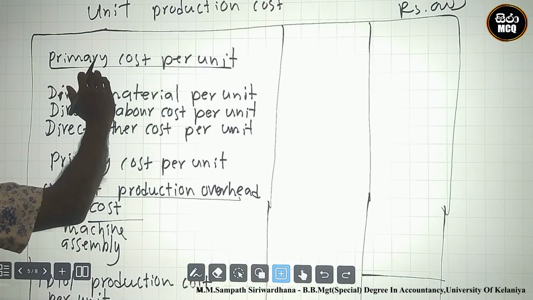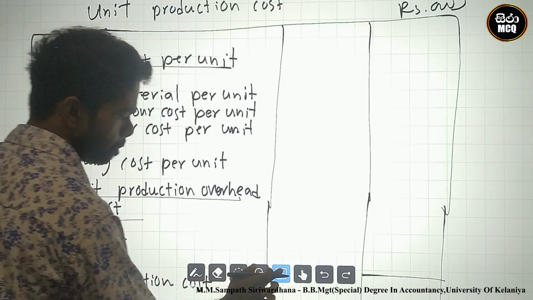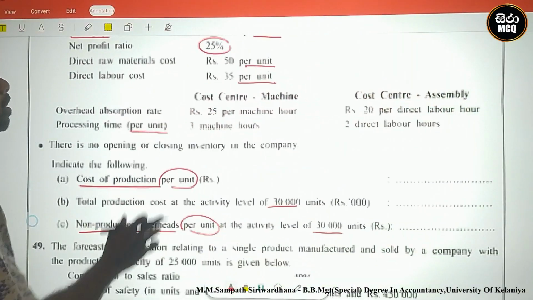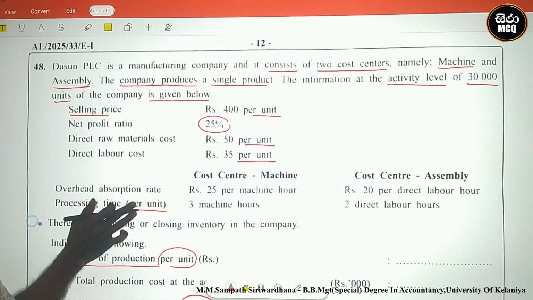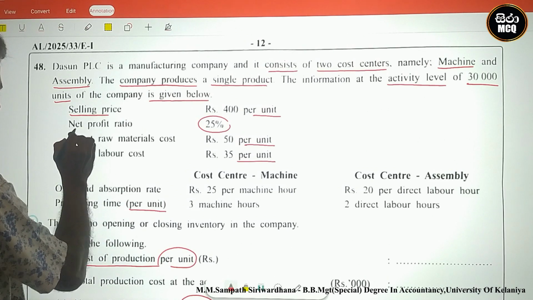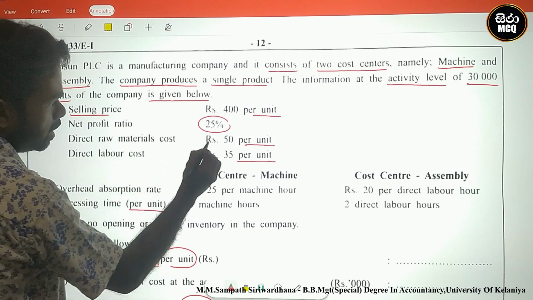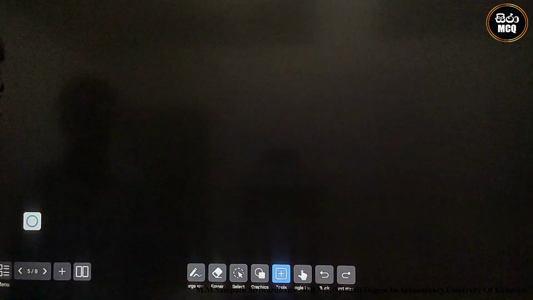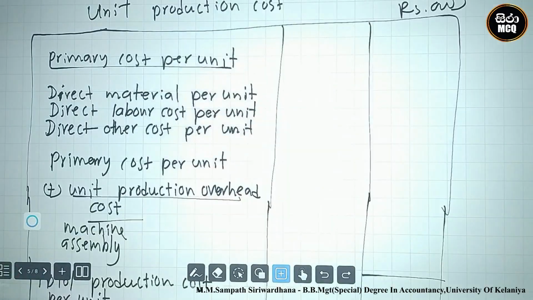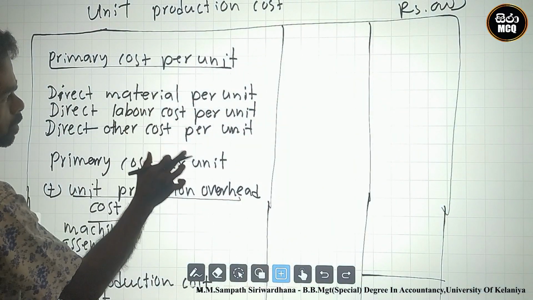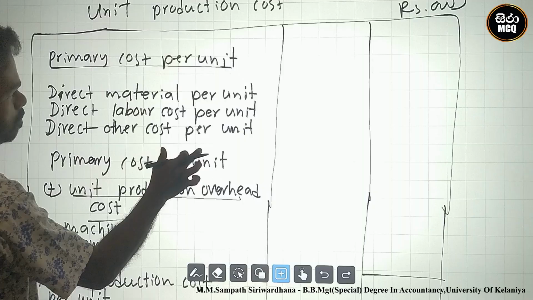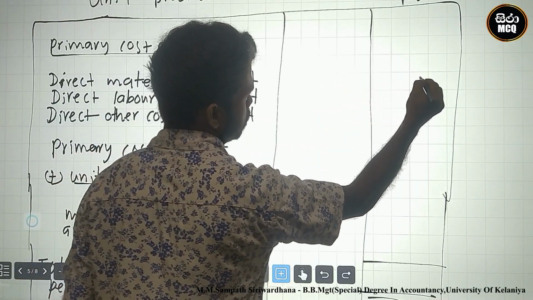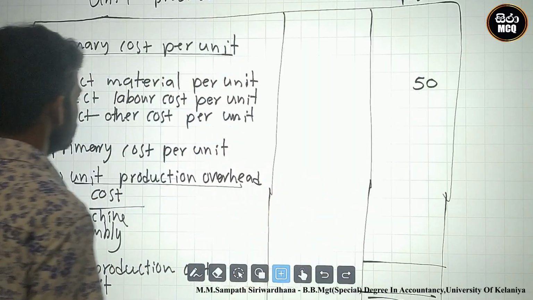Firstly, we must identify the primary cost. Look at the question: direct raw material is 50 per unit, so direct material per unit is 50.